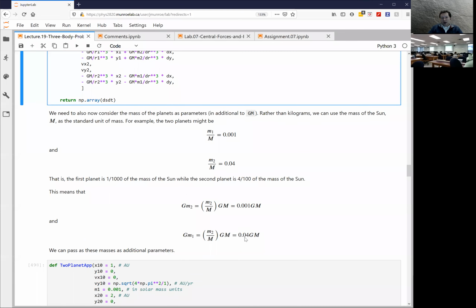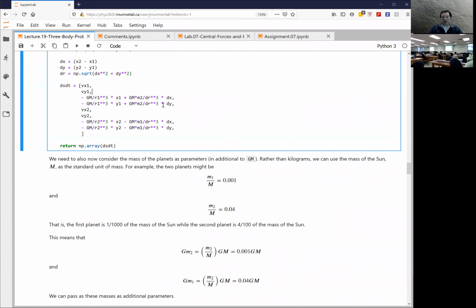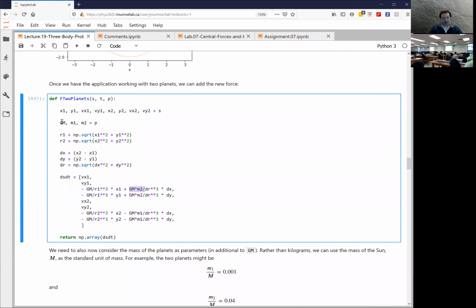G times M1 is this non-dimensional mass times GM. And that's what I've done up here. In this problem, M2 is not the mass in kilograms, it's the mass in solar masses, as a fraction of how massive the star is. So we are able to pass in GM, the mass 1 and mass 2, where these are in non-dimensional units.